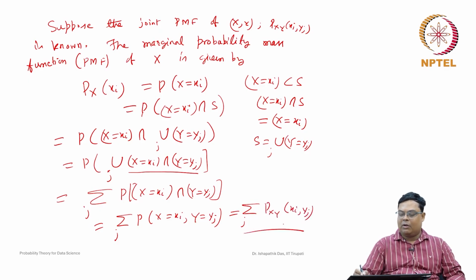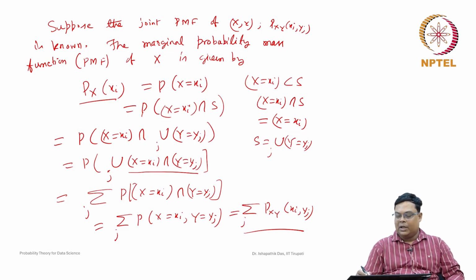So, basically what we found is that to find the marginal probability mass function of x_i using the joint probability mass function, you fix a particular value of x_i and then sum over the other values y_j. So, it is the summation over j of p_XY(x_i, y_j).